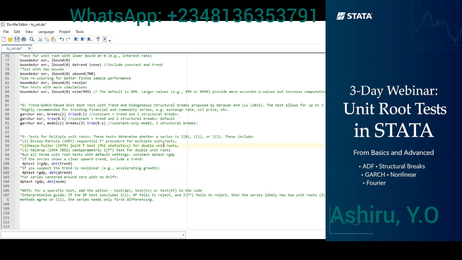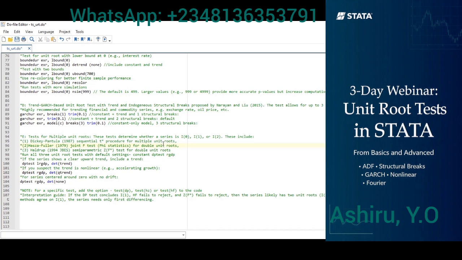So generally, when you have multiple tests, for example, we have the ADF test, PP test, and KPSS test, they belong to the same family. They do not account for structural breaks. If you want to make any decision, we use the three together. If you want to use unit root tests that account for structural breaks, we have the Zivot-Andrews test and the Clemente test.